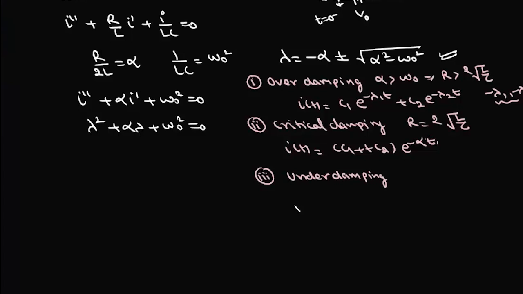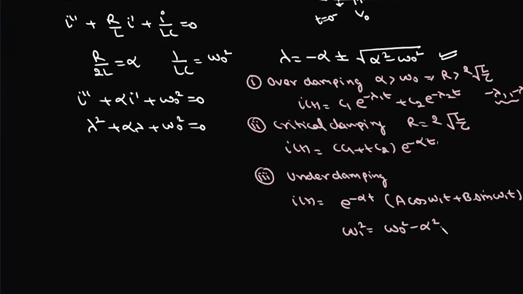In underdamping, i as a function of t will be e to the power minus alpha t times (a cos omega 1 t plus b sin omega 1 t), where omega 1 squared is omega naught squared minus alpha squared. So all three cases have the same implications and the same characteristics. We have already studied it.